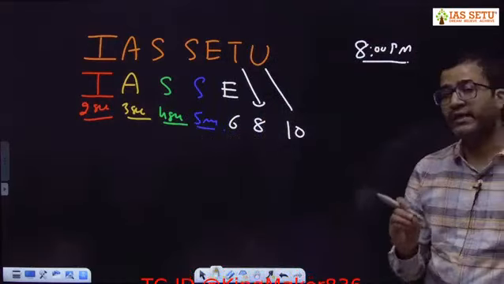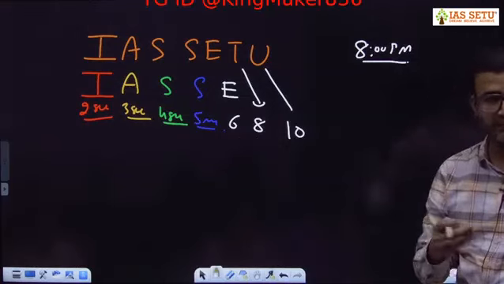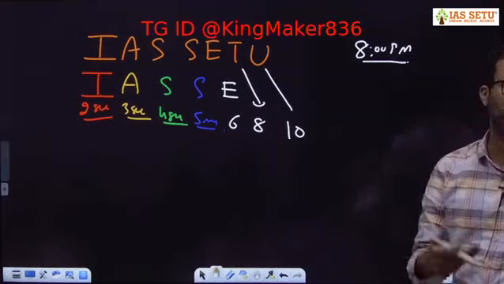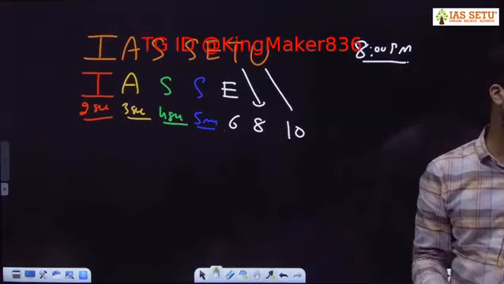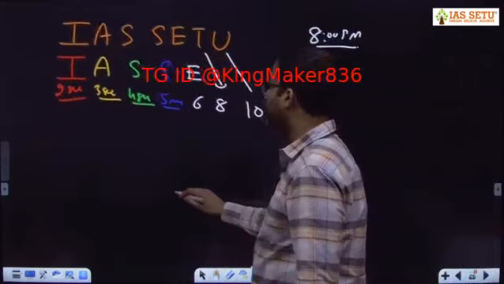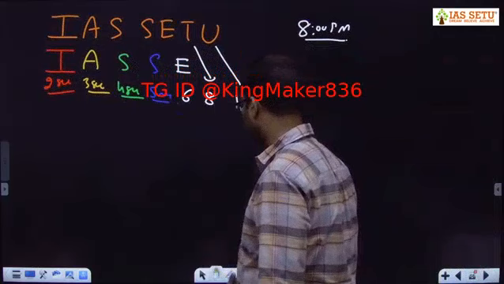So will it be an HCF question or LCM? LCM, because at multiples of 2, 3, 4, 5, 6, 8, 10 these lights will blink. Multiple means LCM. So the first step is to find the LCM of 2, 3, 4, 5, 6, 8, 10.